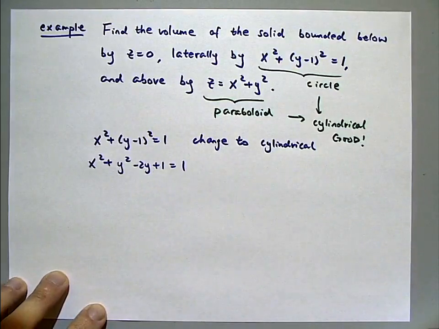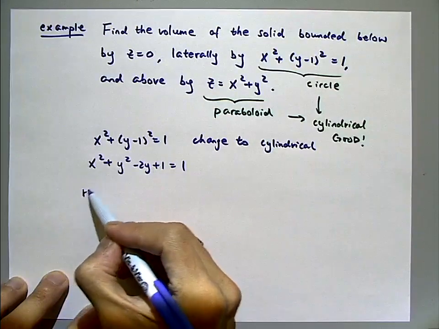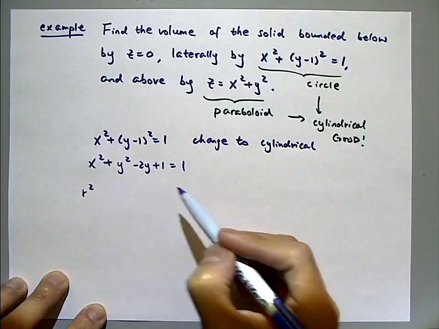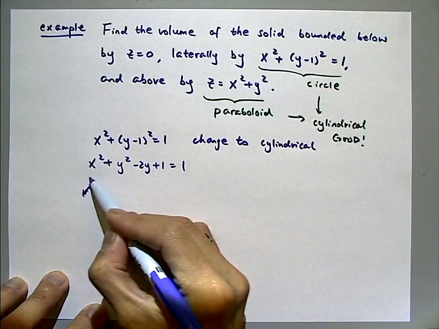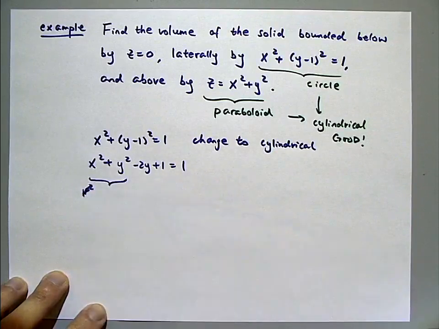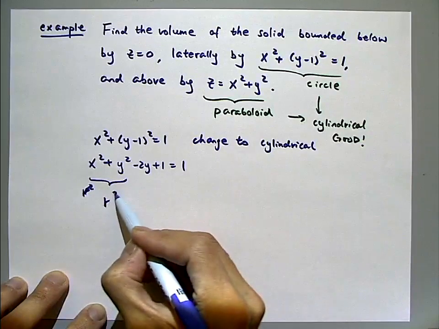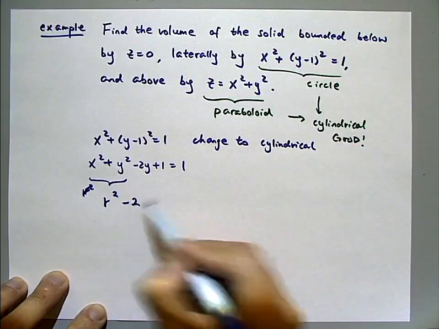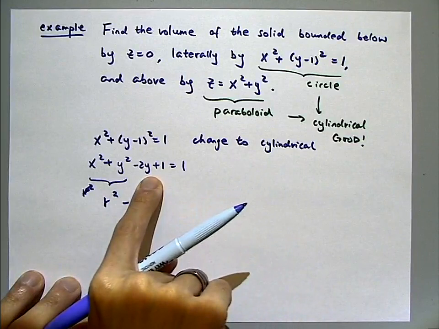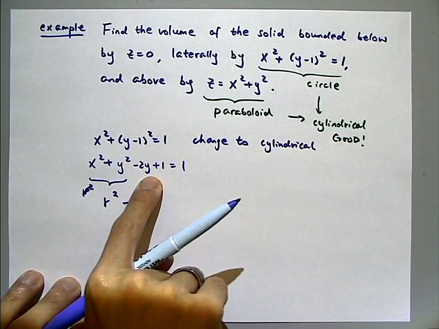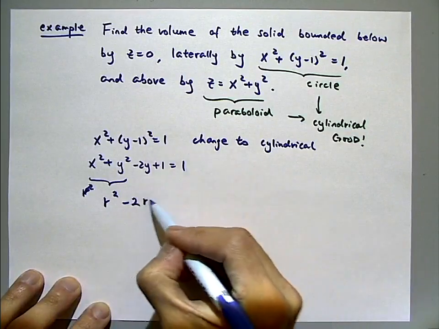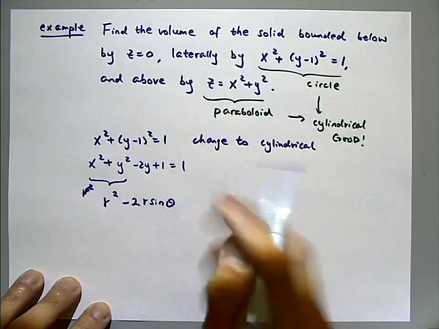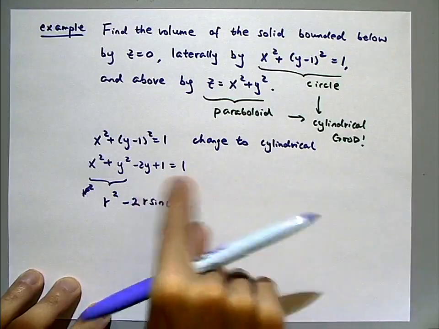Well, what's x squared plus y squared in polar? r squared, yeah. What's y in polar? r sine theta. Plus 1 minus 1, those go away.